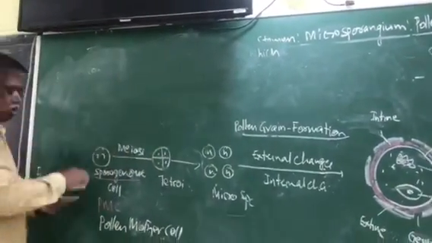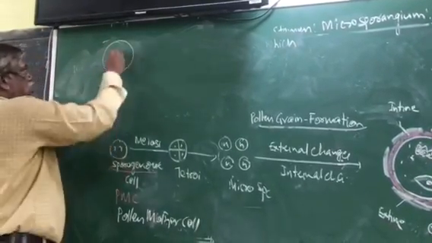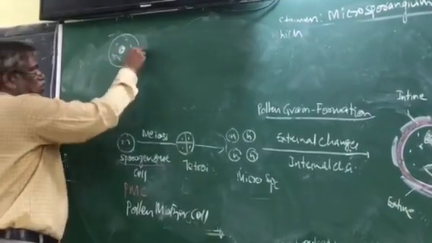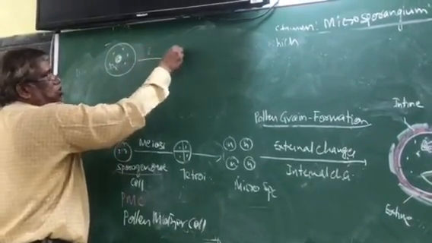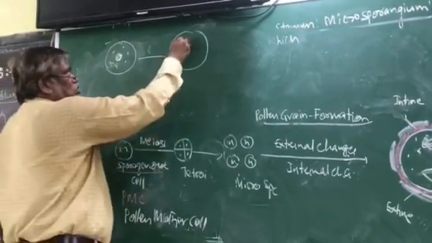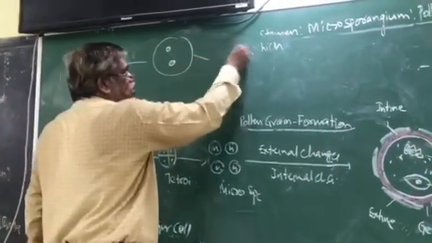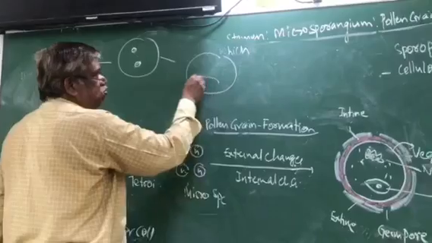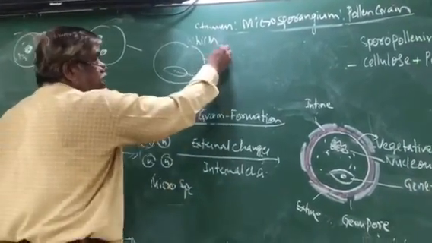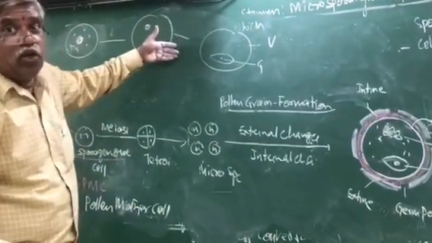See, now it is a microspore with cytoplasm and nucleus. It undergoes mitosis, karyokinesis, and becomes binucleated. Now one becomes the generative cell, and the other is called the vegetative cell. This is the internal nuclear change.